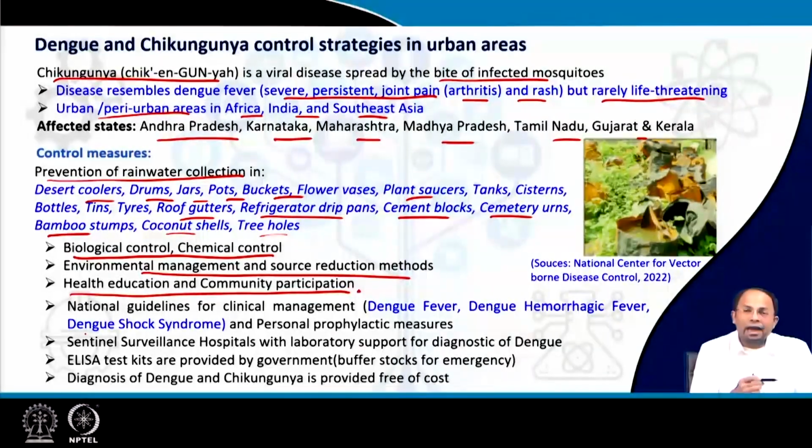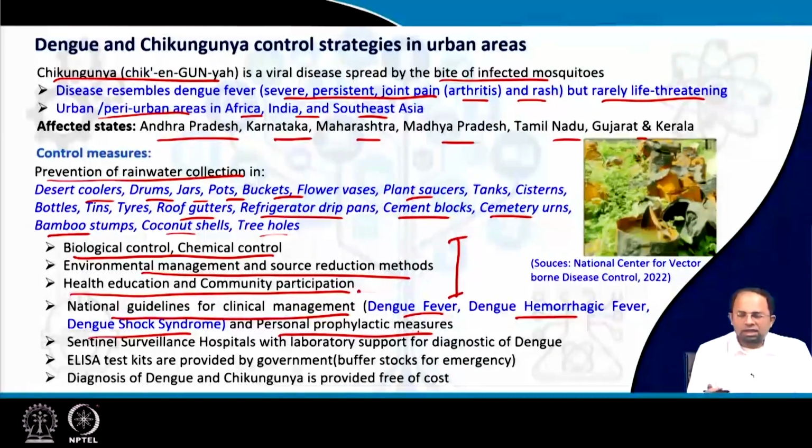This is the vector reduction side, whereas for treatment of the disease, there are national guidelines for clinical management of dengue fever, dengue hemorrhagic fever and dengue shock syndrome. These cover how to treat, and personal prophylactic measures, like medicines you can take to prevent the incidence of these diseases. These guidelines help people deal with this kind of disease.